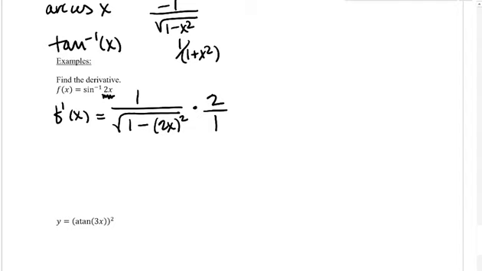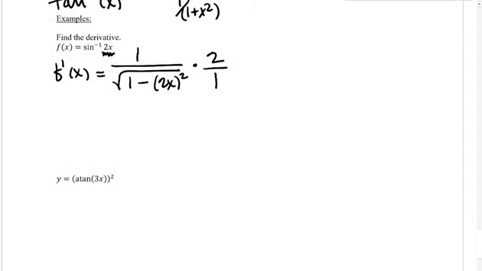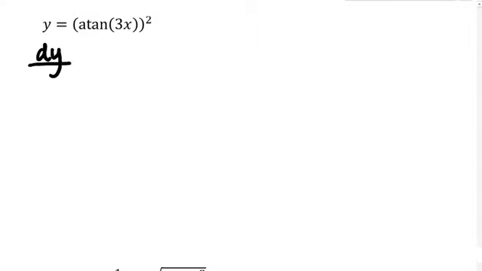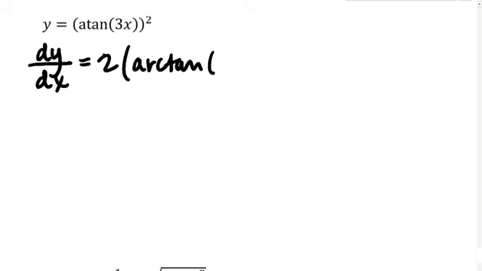Okay, here we have one with maybe more layers of chain. That's probably going to be good for us. Okay, so dy dx, I'm going to start with the outside with this 2 and bring it around the front, do the power rule. That's going to be 2 times arc tangent of 3x left to the first power.